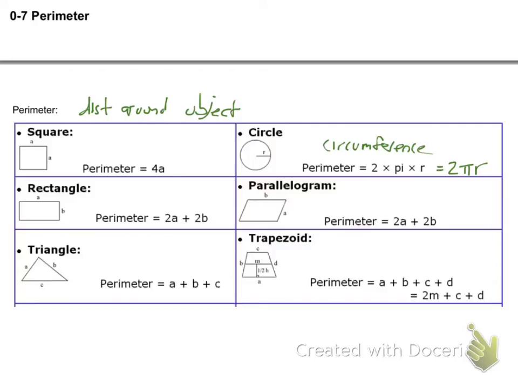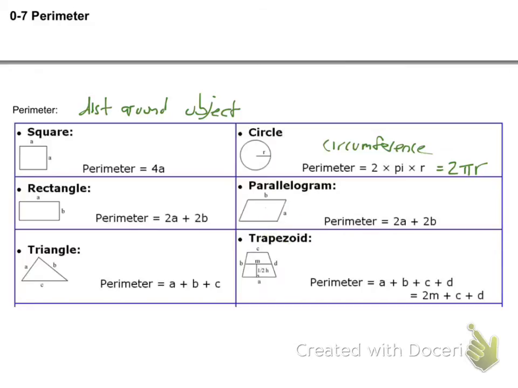A rectangle is like a square, add up all the sides, but the cool thing about it is that two sides are always the same. The short sides are B's and the two larger sides are A's. So therefore 2A plus 2B, or A plus B plus A plus B. It doesn't matter. A triangle is A plus B plus C, or all the different side lengths added together. A parallelogram deals the same way as a rectangle, because to be a parallelogram, our sides have to be parallel, and opposite sides will be the same.